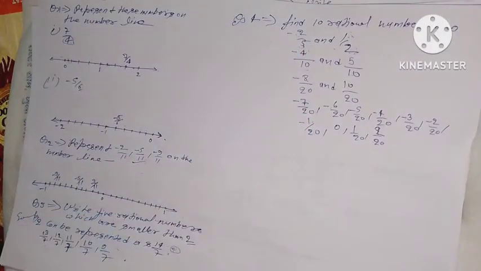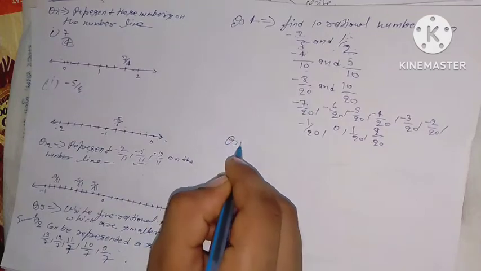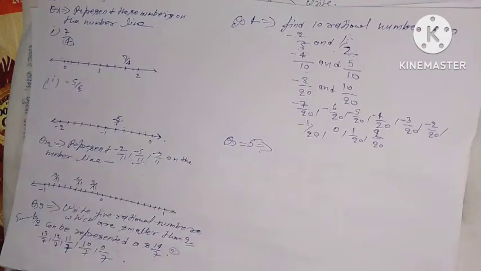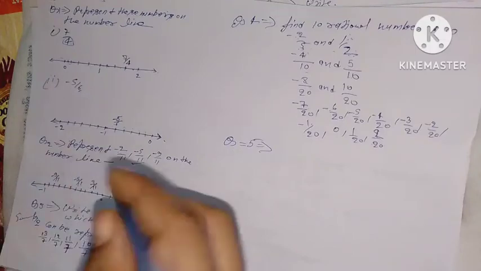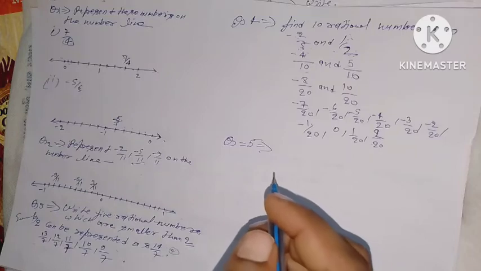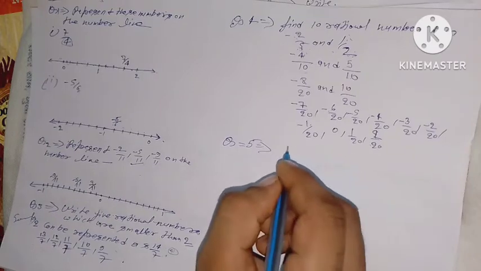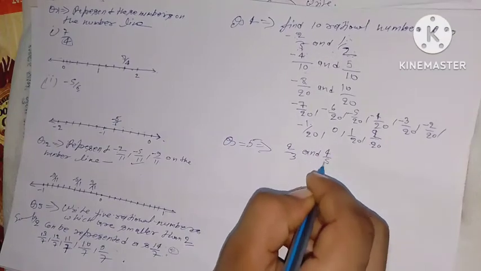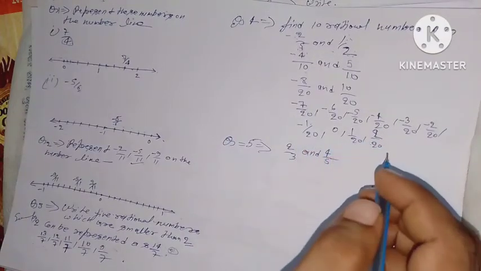And second, question number 5. Next we will also learn another rule to find rational numbers between two numbers, okay? Question 5: find the rational numbers between 2 upon 3 and 4 upon 5.